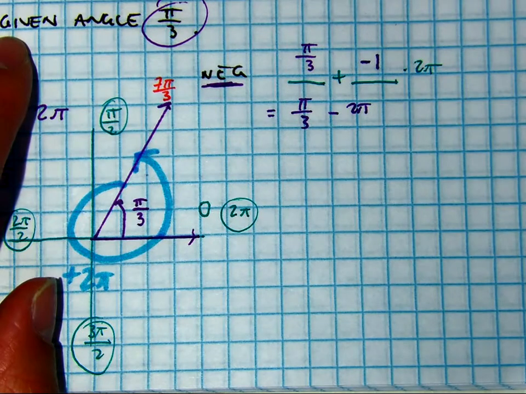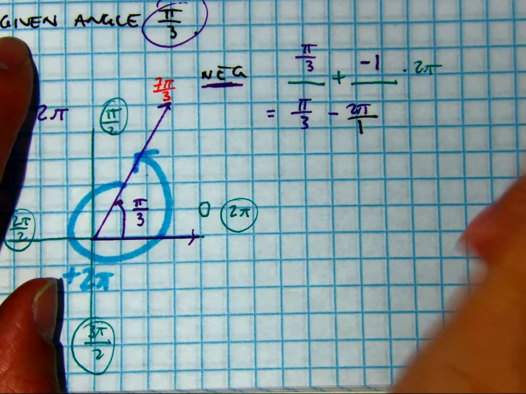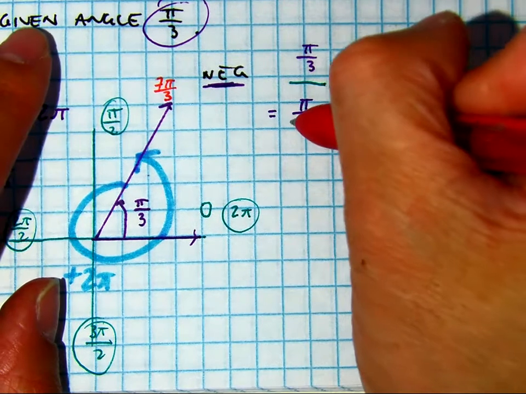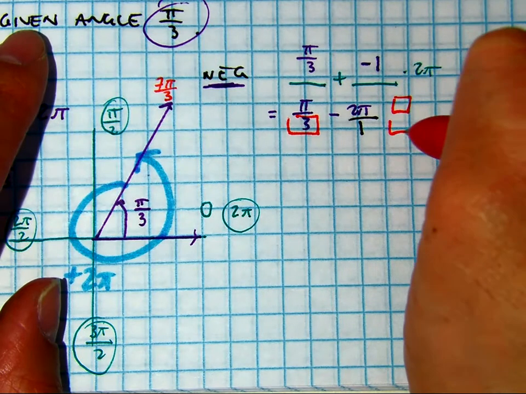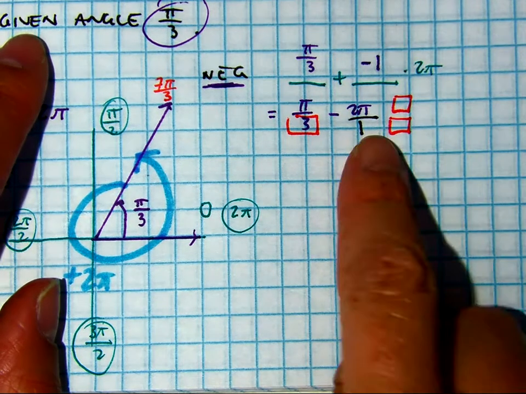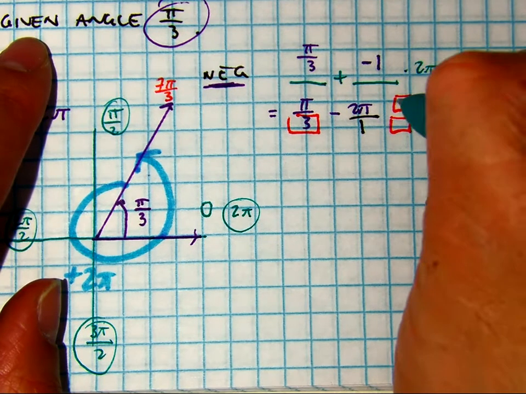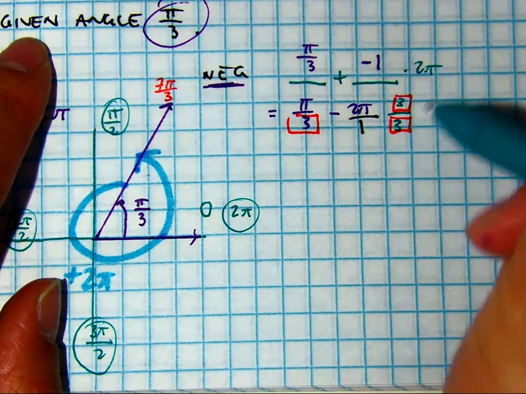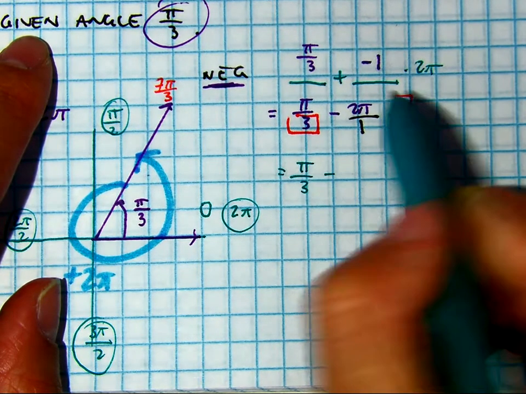Let me try to help you color code this to kind of see it. This is the number you pick. Doesn't always work, but in this case with the 1, yes it does. So I'm going to multiply by what? 3 over 3, because you can multiply any number times 1. So I'll get pi over 3 minus, multiply across, 6 pi over 3.